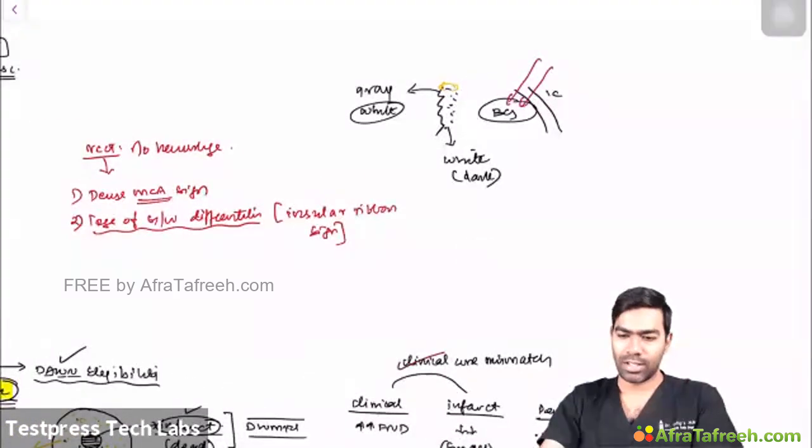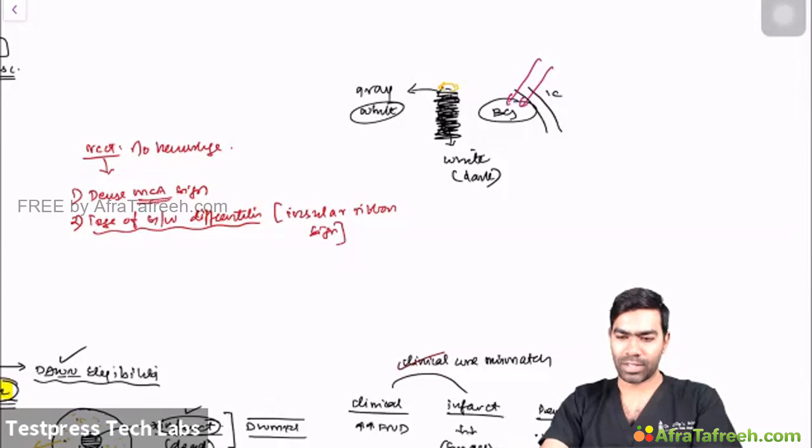You will not be able to see the differentiation. Instead, you will see only a dark hypodense area. Everything will look dark, and this loss of gray-white differentiation is what we refer to as the insular ribbon sign if it happens at the insular area.